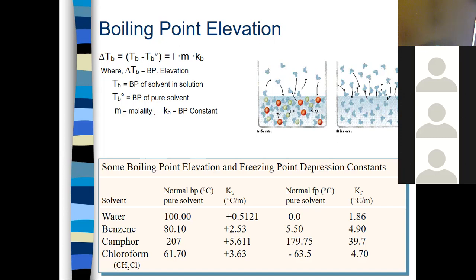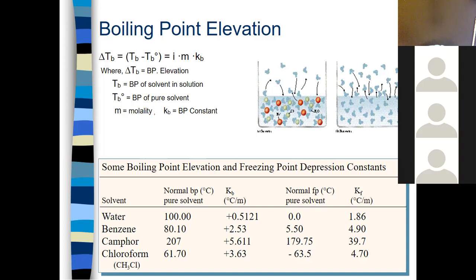So looking down at the bottom table, KBs are based on the solvent you're using. So when you know the solvent in your solution, you look up the KB value for that solvent. Of these four solvents, camphor has the highest KB, 5.6.